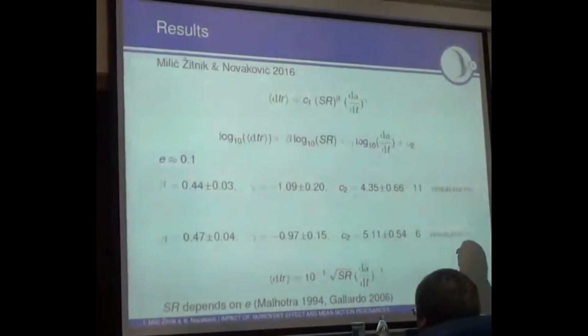Because of these similar results between these two groups of resonances, we wrote this very simple equation that explains a relation between Yarkovsky drift speed, strength of resonances, and the time that objects spent in the resonance. And from this equation, because Yarkovsky drift speed is inversely proportional to the diameter of asteroids, we got that this time is proportional to the diameter of the asteroid.